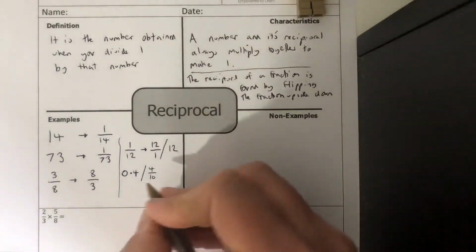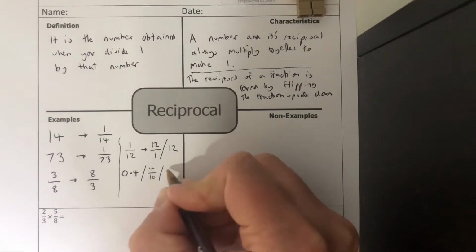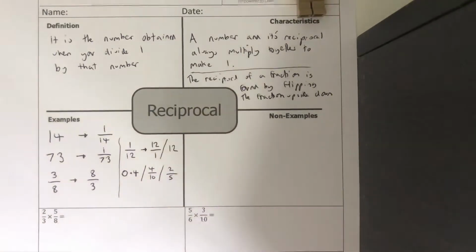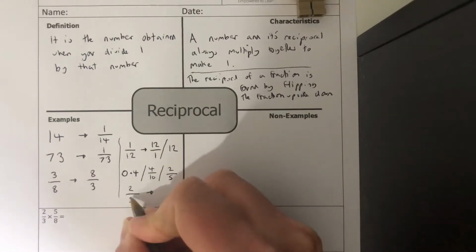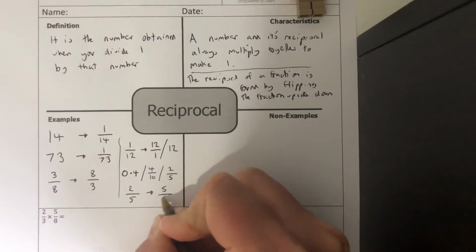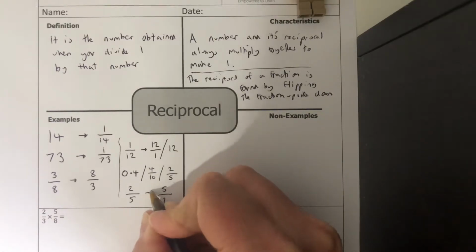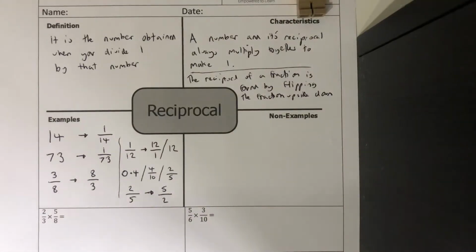Can we simplify it? Yes, that is 2 over 5. What does 2 over 5 go to? We just flip it upside down: 5 over 2. So if you ever get a decimal, change it into a fraction.